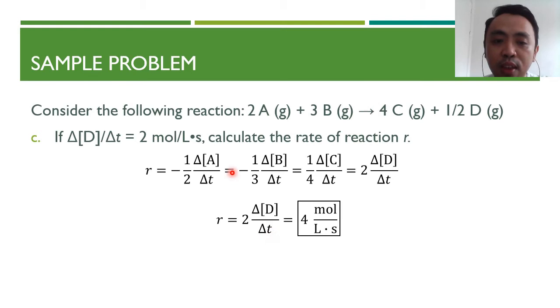And substituting the value of delta D over delta T, we then get the rate of reaction R equal to 4 mole per liter times second.